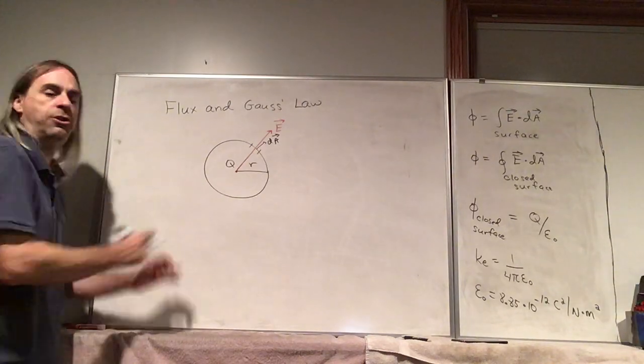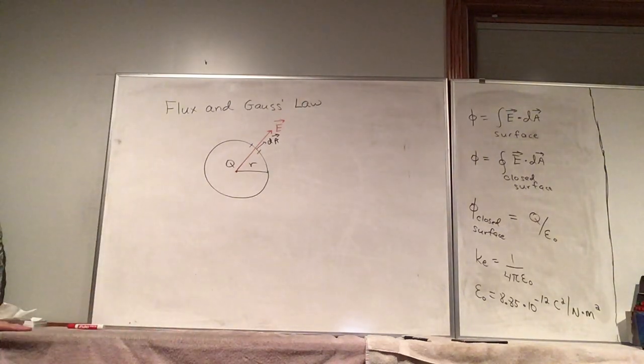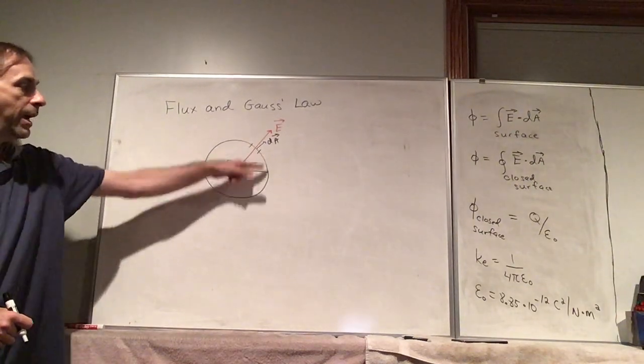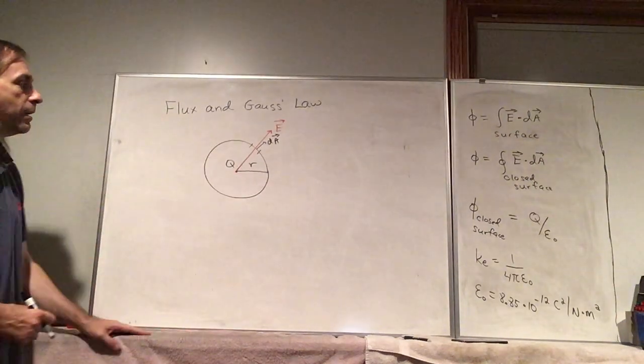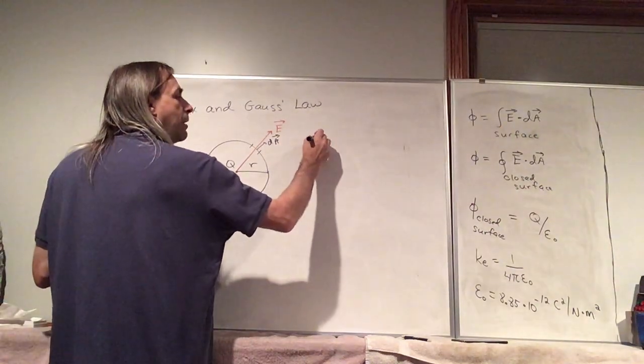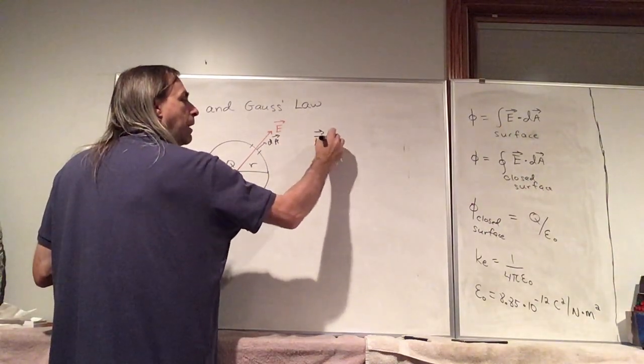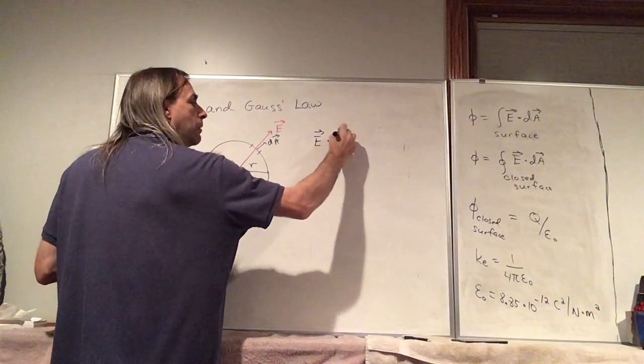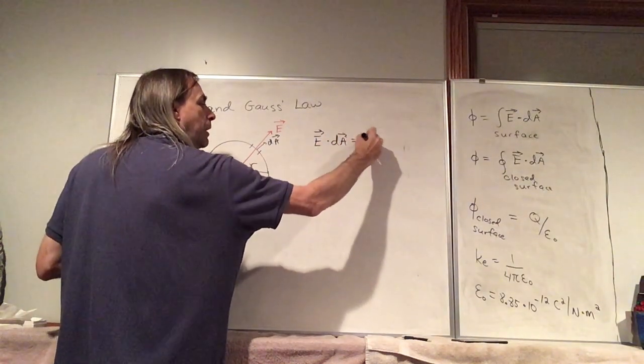And so there's two things that happen here for this special case we're looking at, where we have our charge and a spherical surface that is centered on the charge. One thing we can say is that E dot dA is simply E dA.